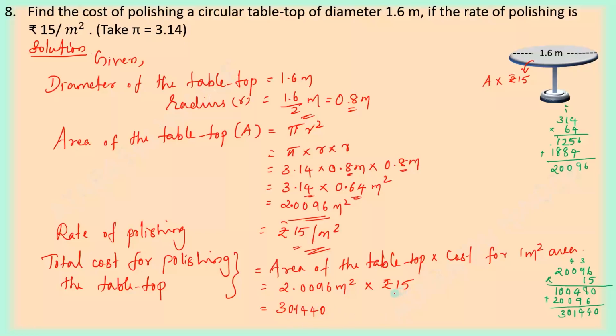And here since rupees 15 is for 1 meter square area, so here we can cancel meter square and this meter square. So we get the cost as rupees 30.144. That is the cost for polishing this tabletop is 30.144 rupees. Hope it is clear to you.